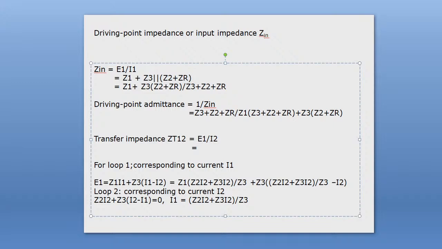So the final expression will be Z1 Z2 plus Z2 Z3 plus Z3 Z1 plus... okay, E1 by I2.